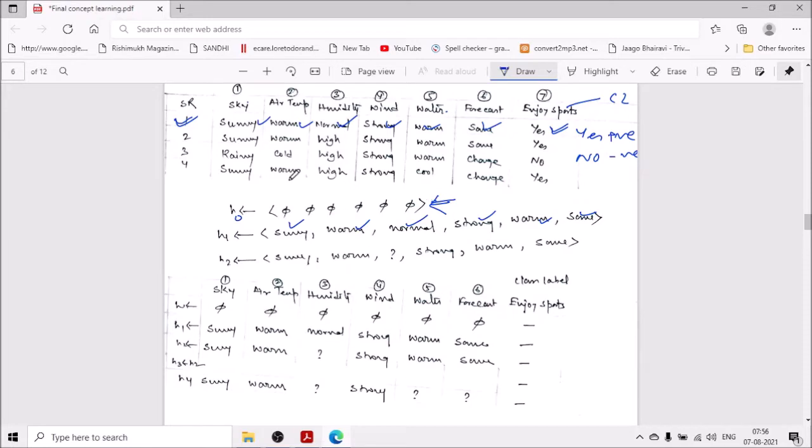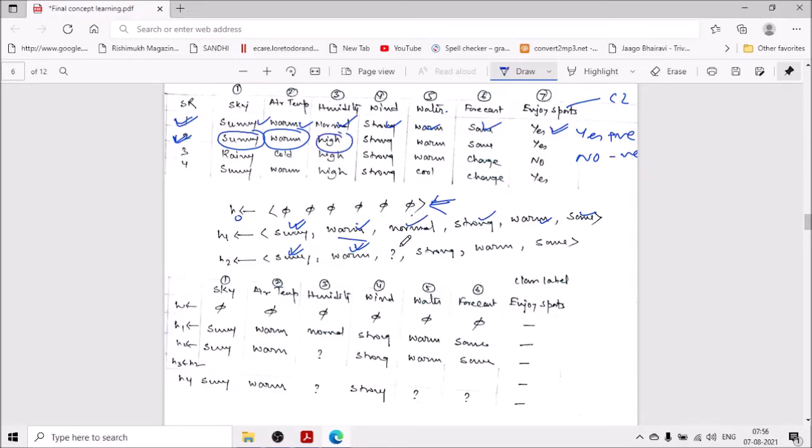Okay, second iteration, for the second data, we compare this with the first. Both are same, keep the value. Warm with warm, both are same, keep the same. High and normal, now these are different.